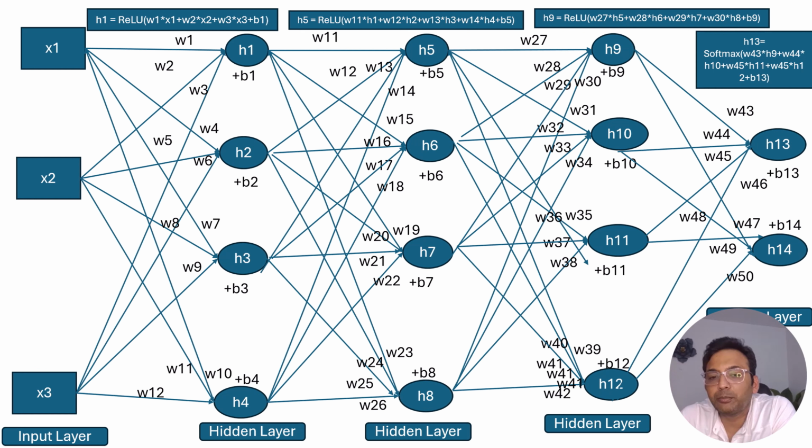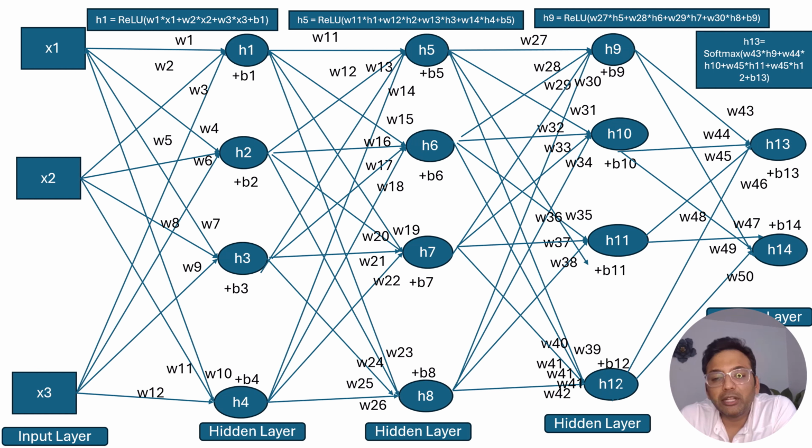In the same way we multiply the node input values with the weights, add all those four values, then add the bias value B13 and pass it to the softmax function, and we get H13. So this is how the neural network works.